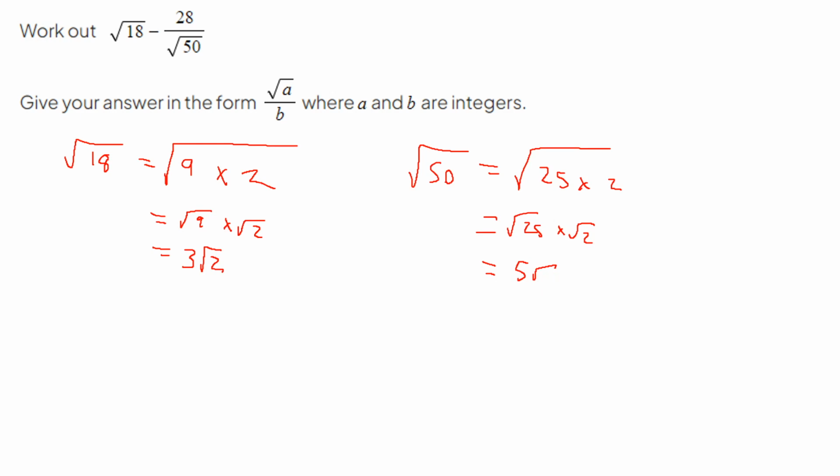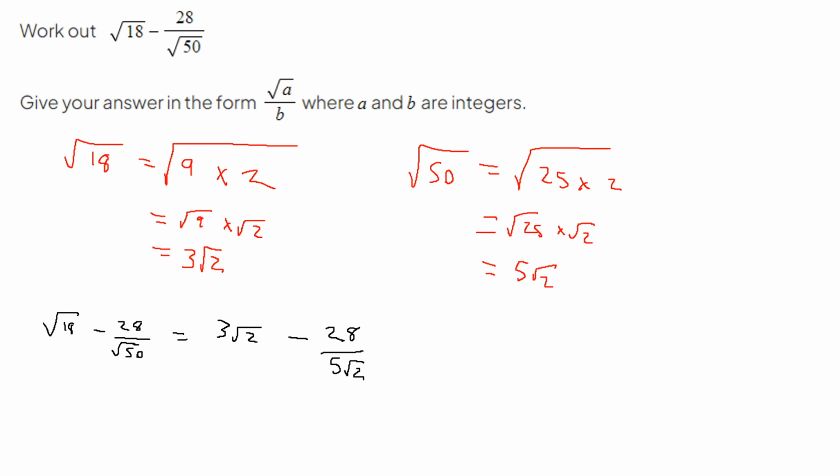So now we can say that root 18 minus 28 over root 50 is the same as writing 3 root 2 minus 28 over 5 root 2.